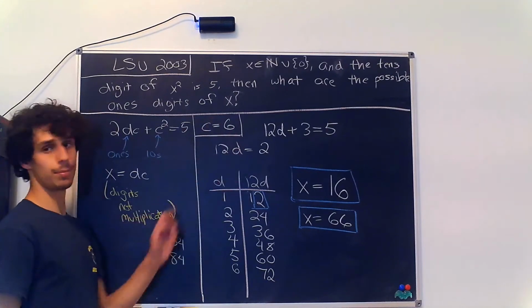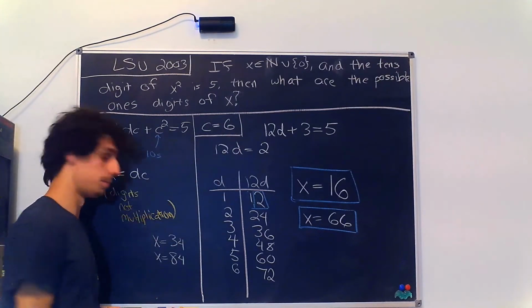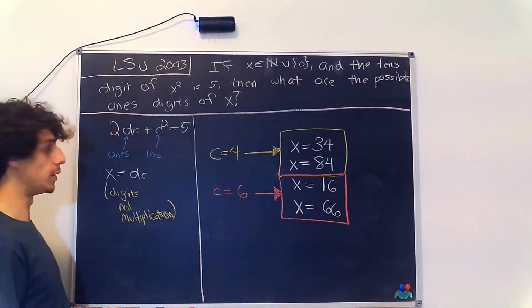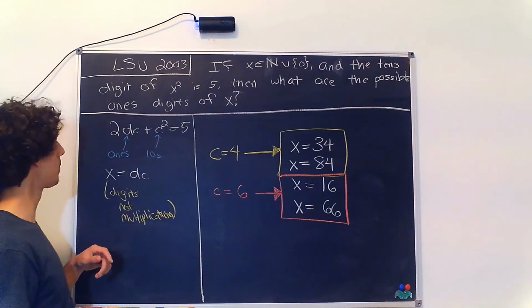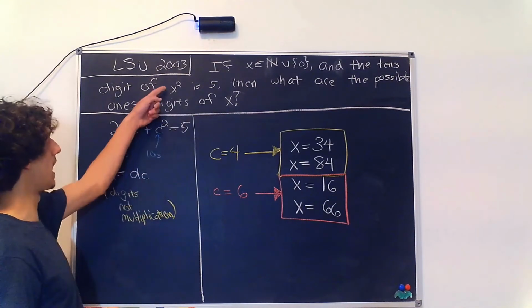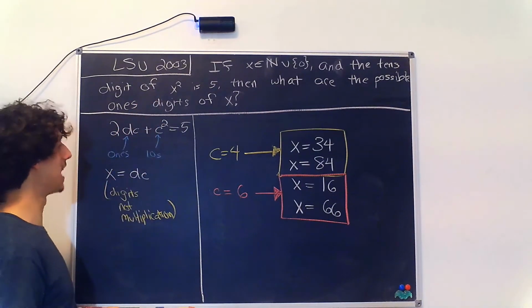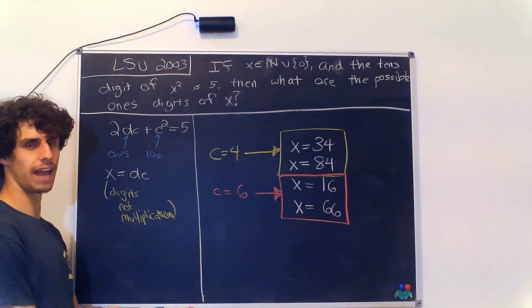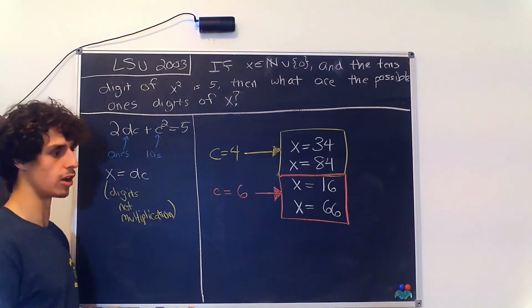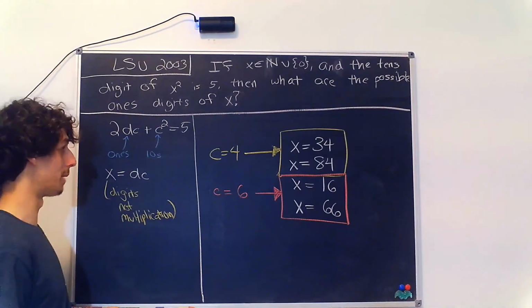So let's go ahead and clean up the board and we'll summarize what we've done. Okay, so what we've done is we've taken x and we split it up into its digits d and c, and then we multiplied them together to get this combination so that x squared is 5 in the tens digit. And we disregarded everything hundreds place and higher because multiplying those terms only gives us things in the hundreds place or higher back.